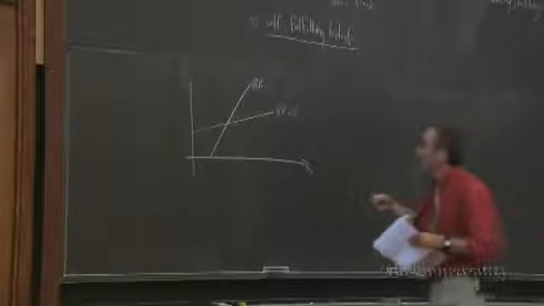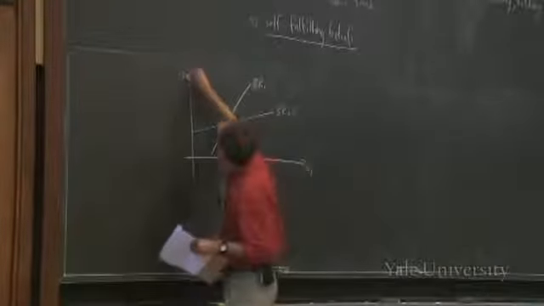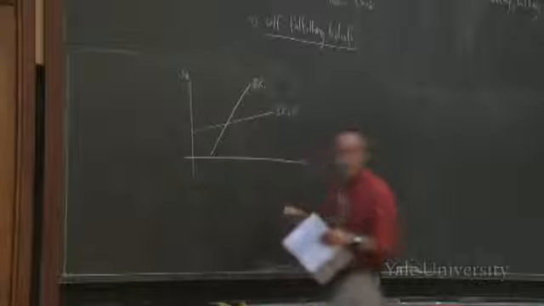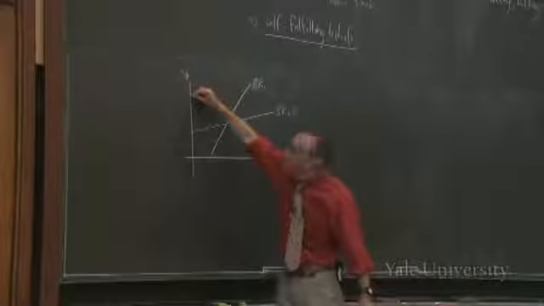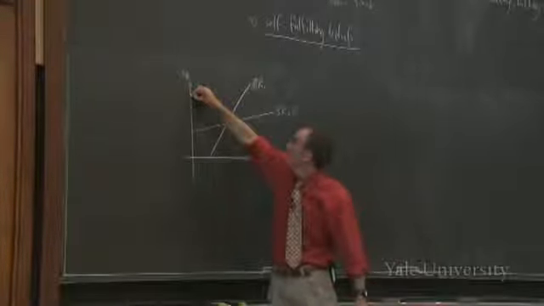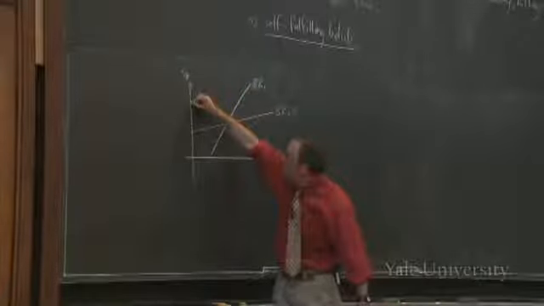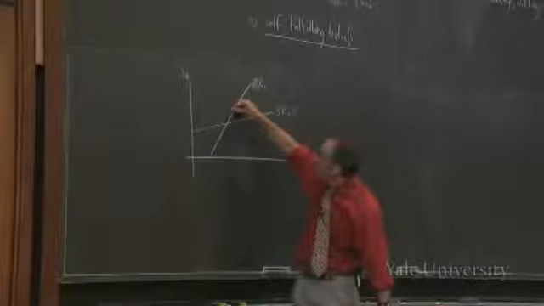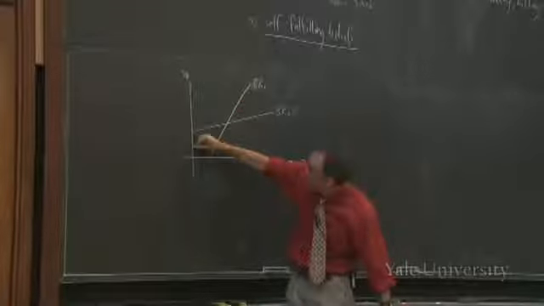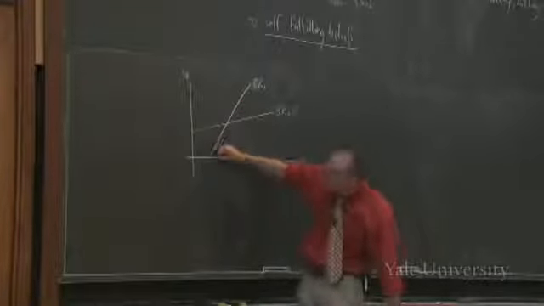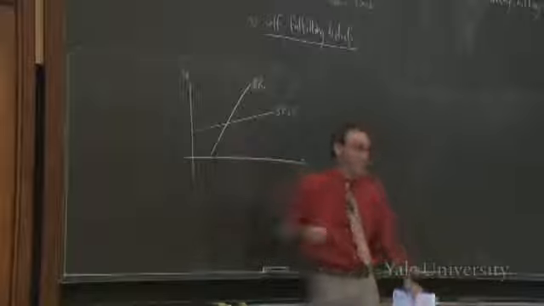Well, if player, sorry, I've put a 1, that should be 2. If player 1 believes that player 2 is going to choose this strategy, then player 1 should choose this strategy. If player 1 thinks player 2 is choosing this strategy, then player 1 should choose this strategy, and so on. That's what it means to be a best response.